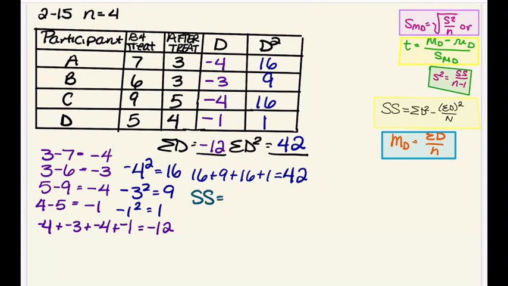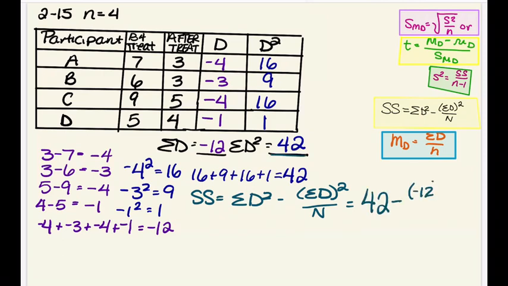And we'll use the sum of the difference scores and the sum of the squares of the difference scores to find the sum of squared deviations for the sample of D scores. We'll take the sum of the squared differences and subtract the sum of the differences squared divided by n, and we'll come up with a value of 6.